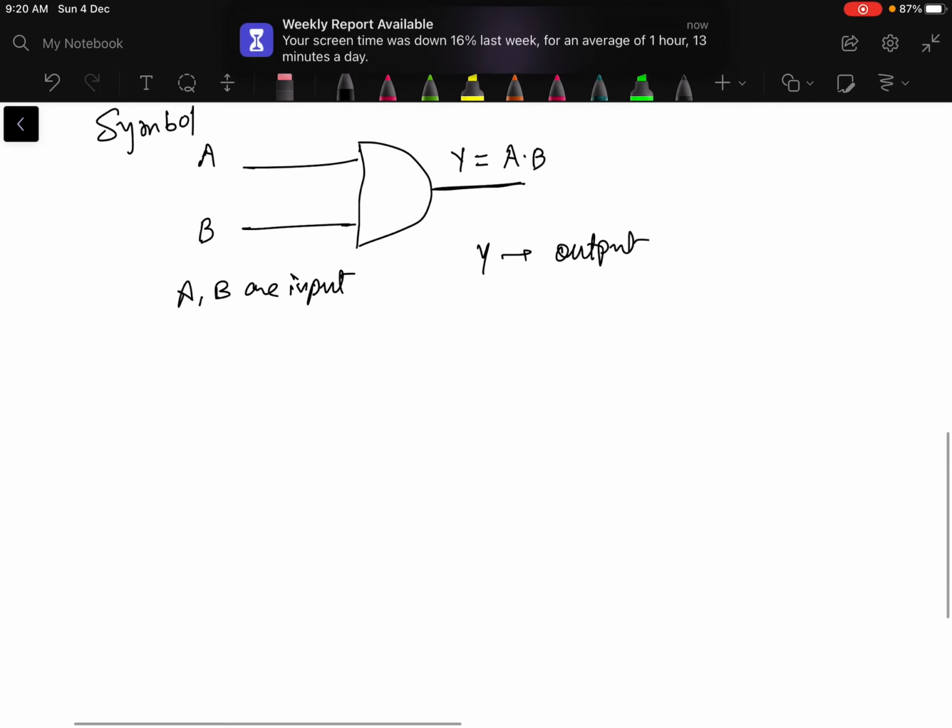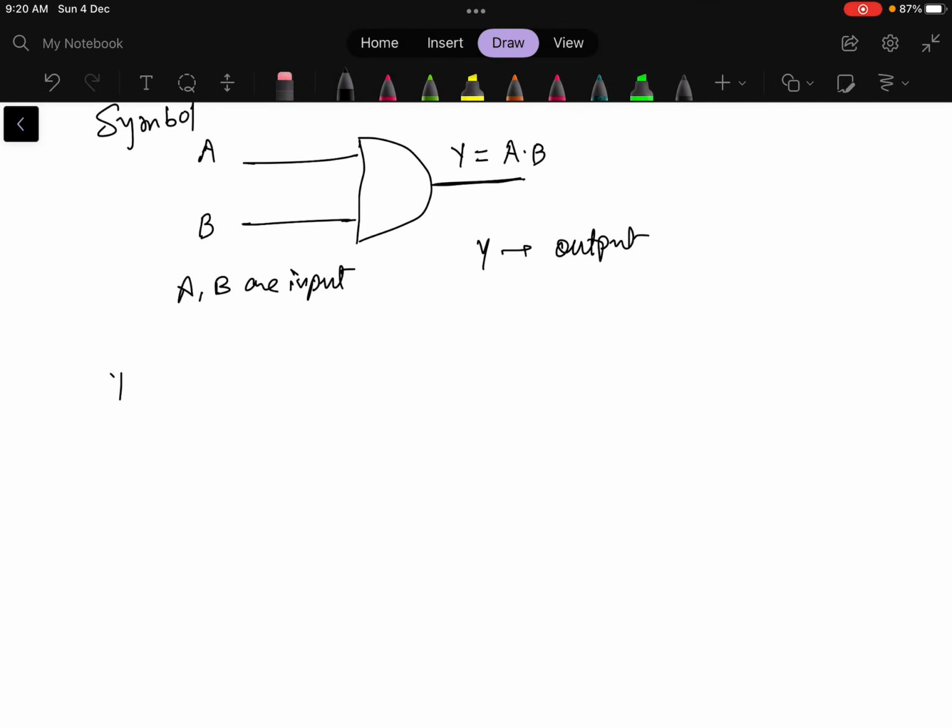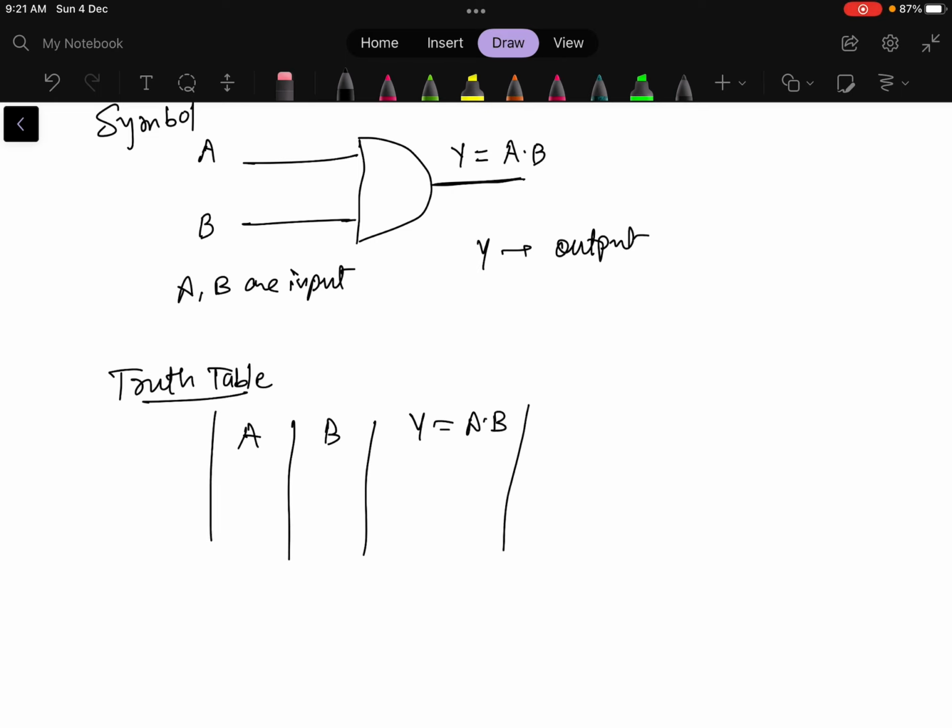Now let's draw the truth table of this particular function. We have A input, B input and Y as the output. As we know, if there are n inputs, then the number of rows in the truth table will be 2 to the power n.